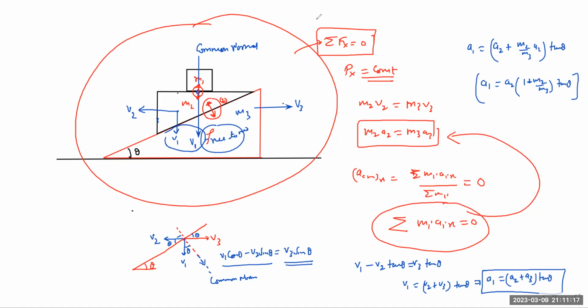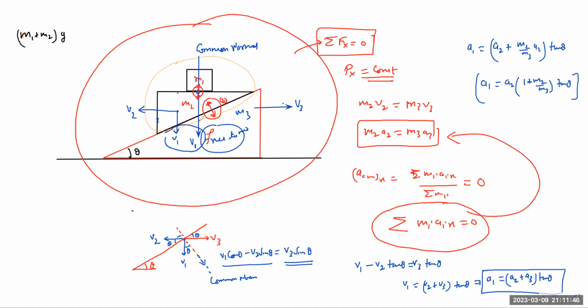That will reduce the effort of writing the individual normals, right? I'm saying, can we treat this entire part as one part? If you think of it as one part, the downward force is M1 plus M2 into g, correct?